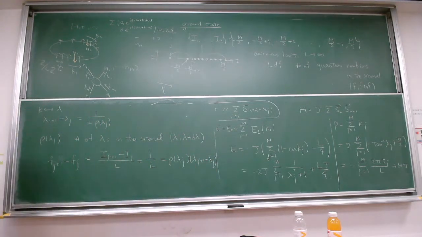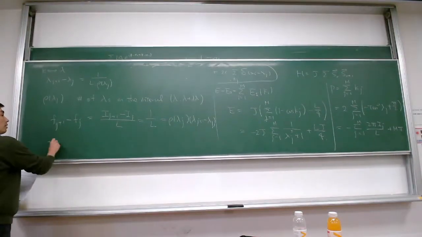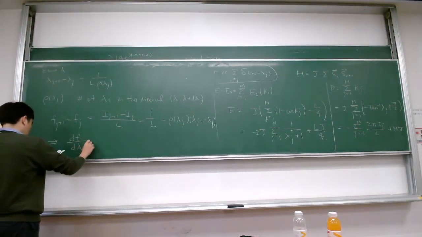So I just use this relation, and you can treat rho of lambda as defined here. Therefore from here I can derive that dF over d lambda should be equal to rho of lambda.